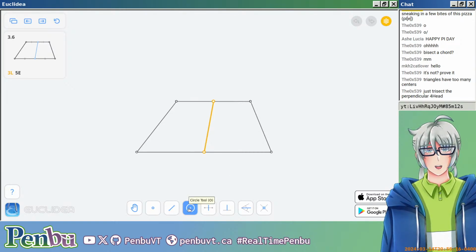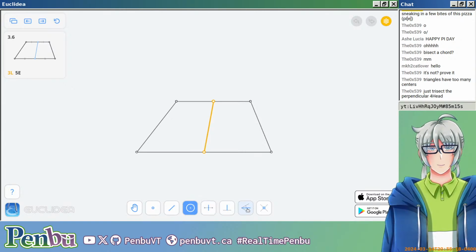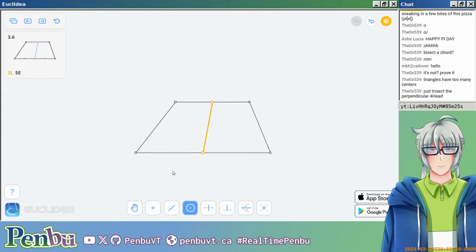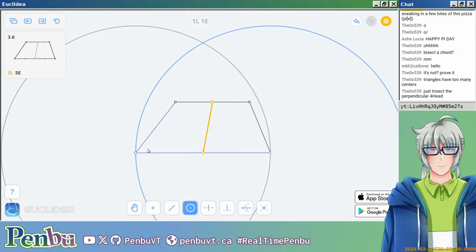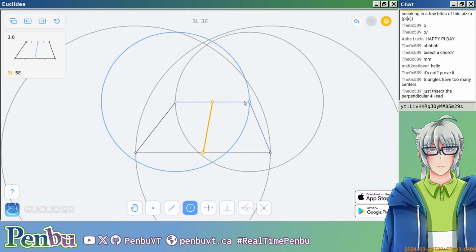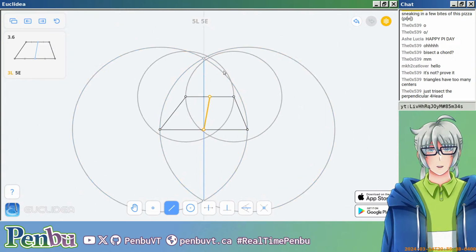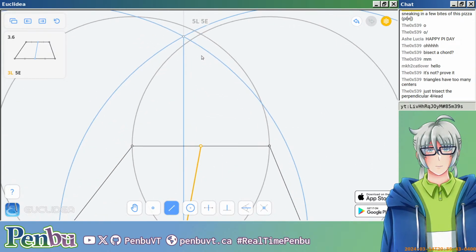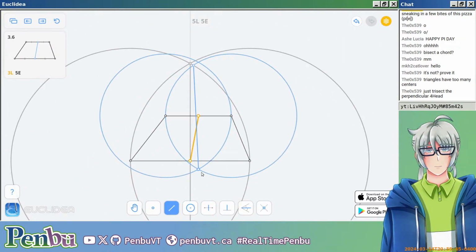Are we able to share circles anywhere? So if we do this, and then construct the bisectors manually, no, that's not right. It intersects over here.